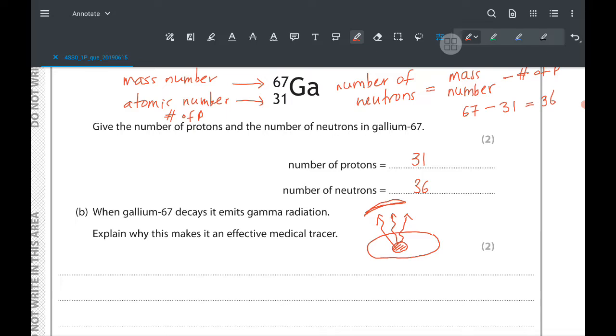So if you compare with alpha and beta, alpha does not have that much penetration power, so it can't come out from the body. Beta has much more penetration power than alpha, but still it will not be strong enough to go out of the body and reach this detector. So the only radiation that will go towards the detector by passing through the body is gamma radiation, because it has enough penetration power.